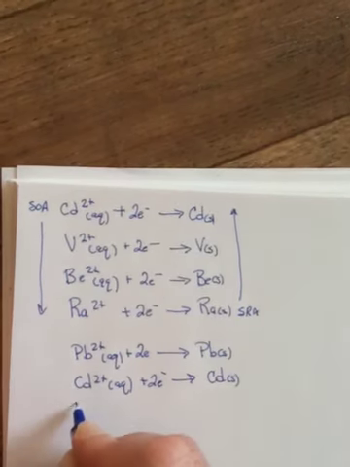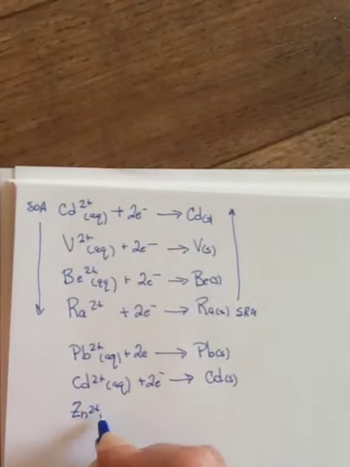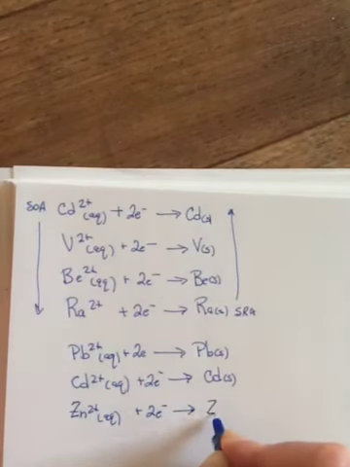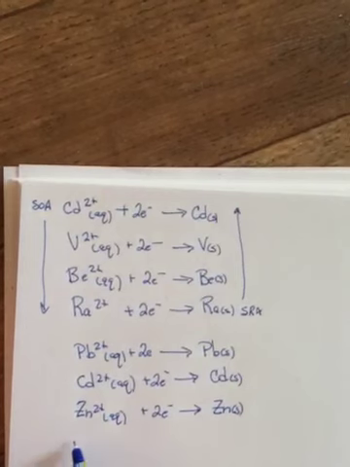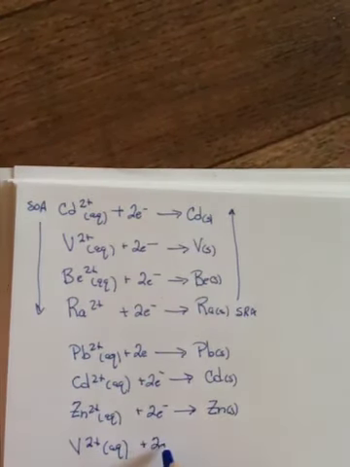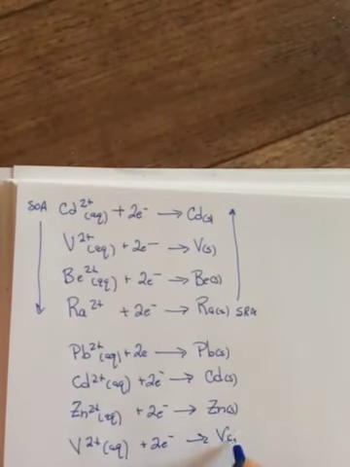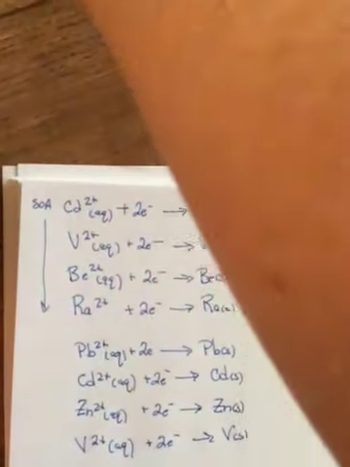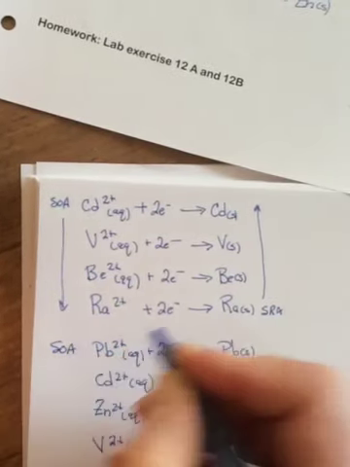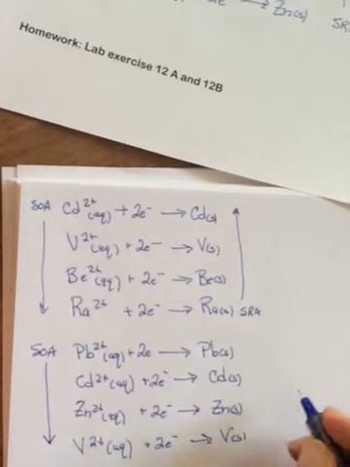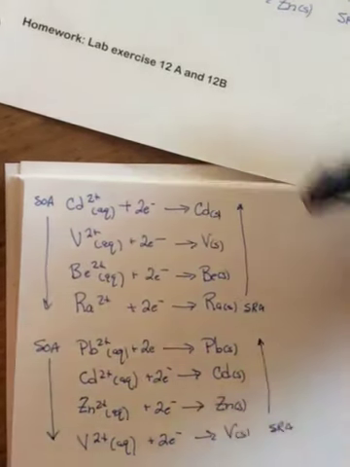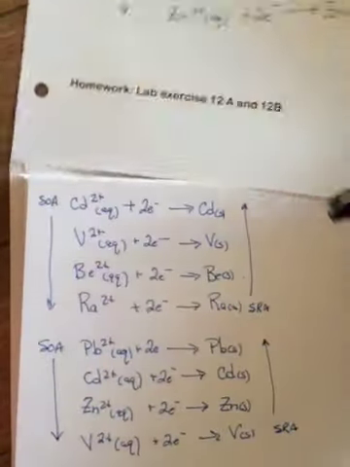Third one was zinc, Zn2+ aqueous plus 2 electrons going to zinc solid. And the last one, V2+ aqueous plus 2 electrons going to V. All right, so this was the strongest oxidizing agent in this table going down to the weakest. Over here, strongest reducing agent going up to the weakest.